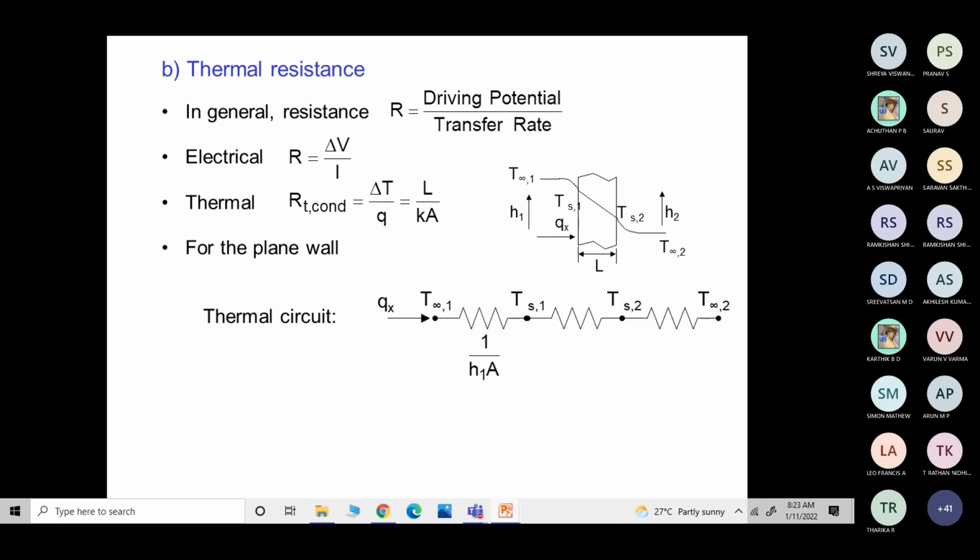Now, suppose we have two fluids on either side of a wall, one on the left hand side and the other on the right hand side.